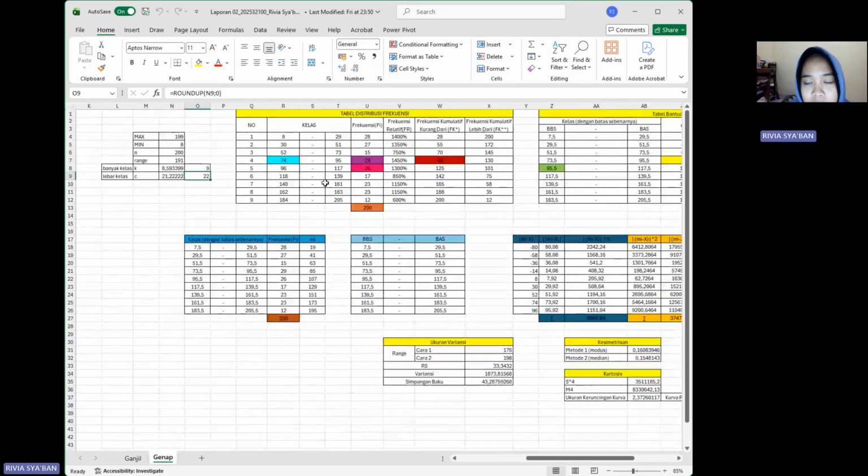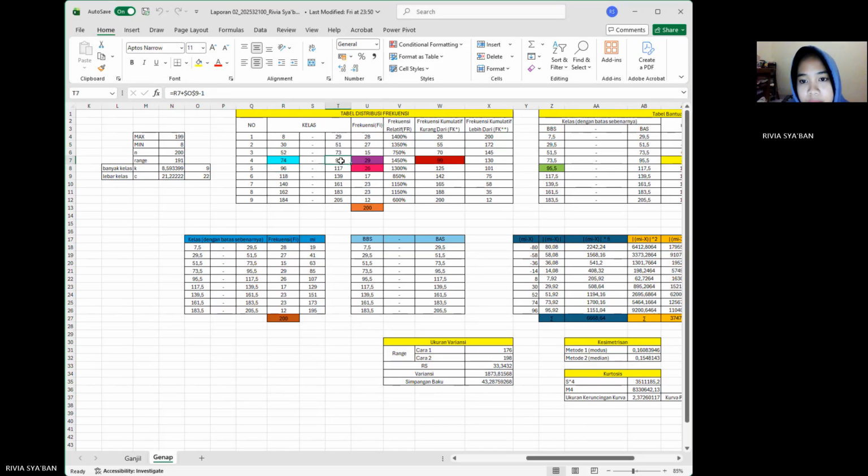Before the mean, we find the class boundaries, the BAS and BBS, using this formula.